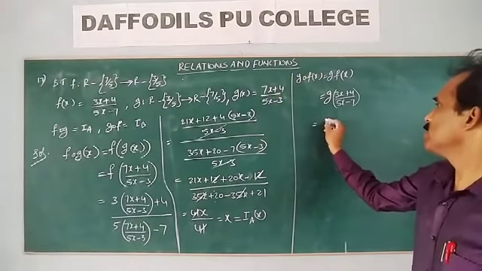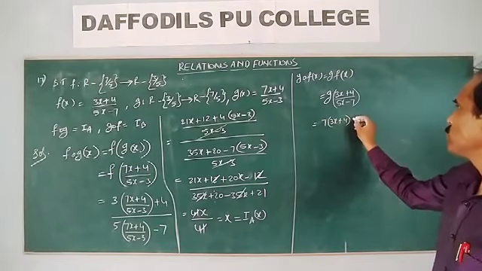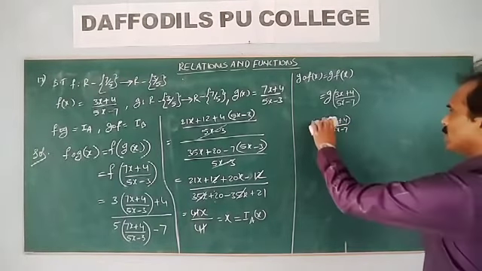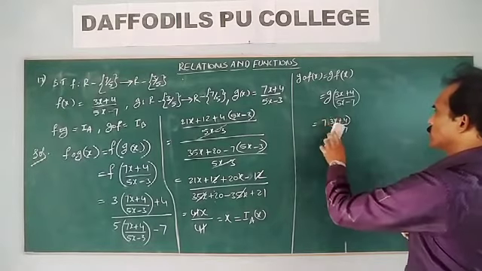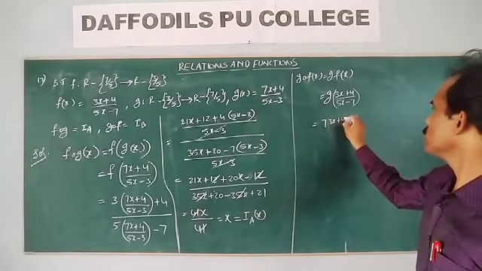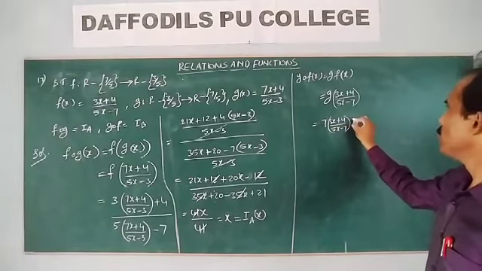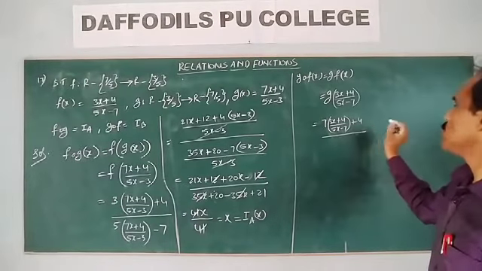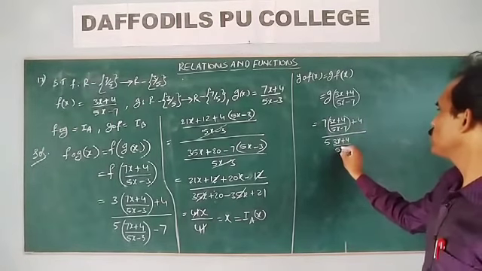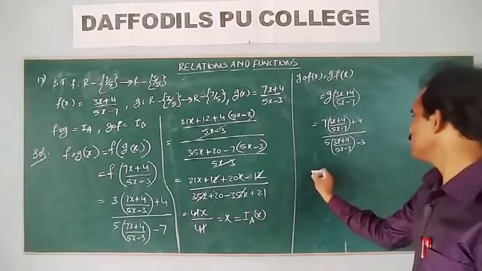That implies 7 times (3x plus 4) by (5x minus 7), this bracket product, plus 4, divided by 5 times (3x plus 4) by (5x minus 7), minus 3.